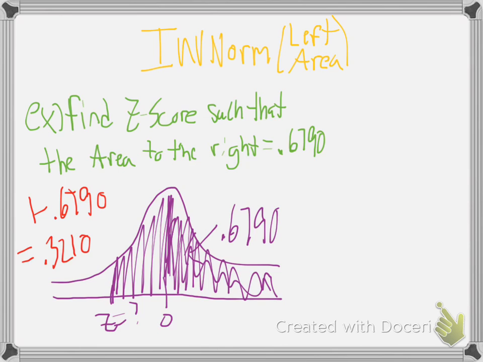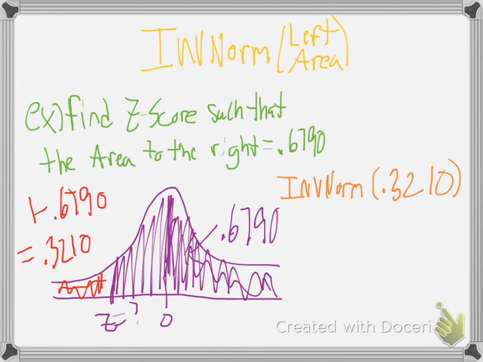So then we do inverse norm not of 0.6790, but of 0.3210. That will give us this z-score, because the area to the left of that z-score is 0.3210, this red area. That's what we input.